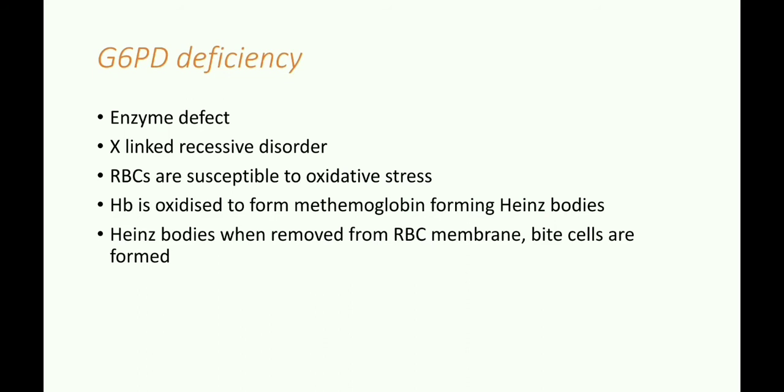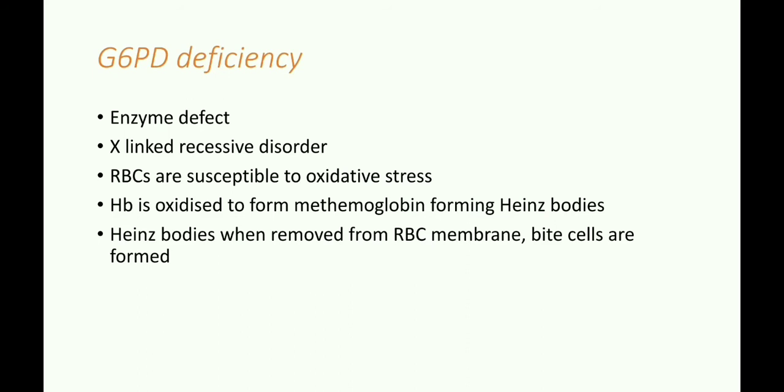That means when these RBCs are exposed to oxidative stress, just like when there is an infection, or due to some drugs, or when the person is having fava beans, in all these cases there is some kind of oxidative stress. So the hydrogen peroxide will be accumulating, and there will be free radical damage to these RBCs.